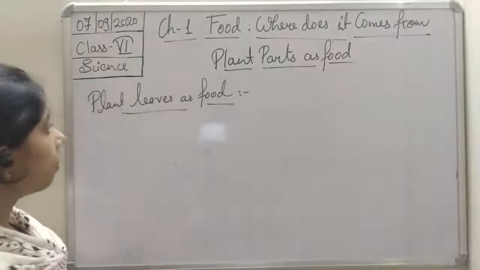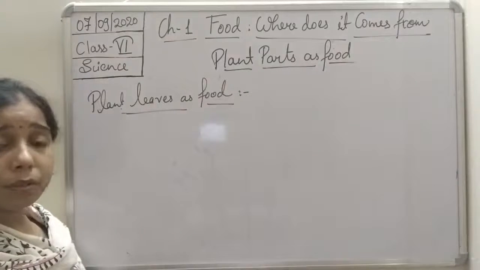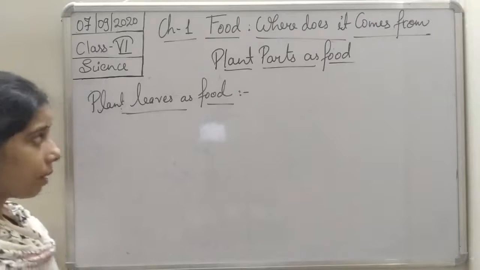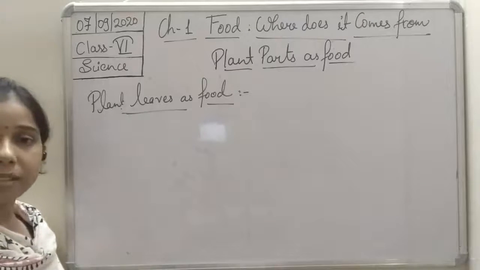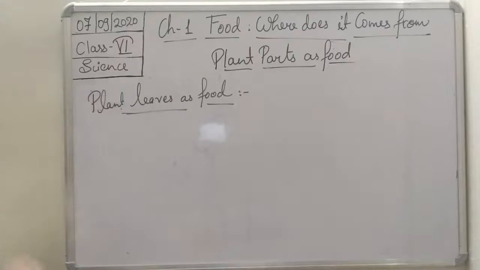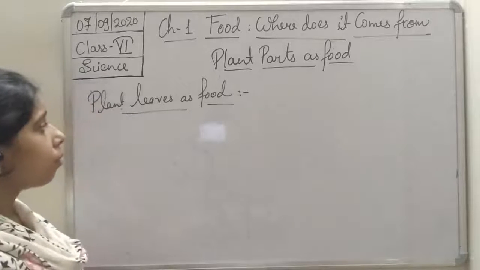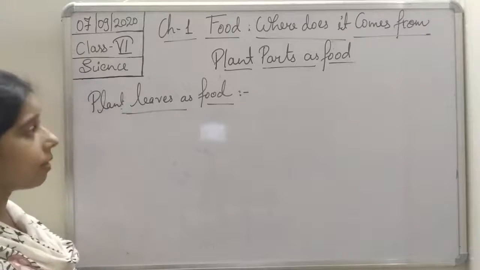Now we will see the plant part which is the leaves, which we eat as food. Okay, so the stem part of the plant is used as food. Even the leaves are also used as food. So plant leaves as food, what does that mean?